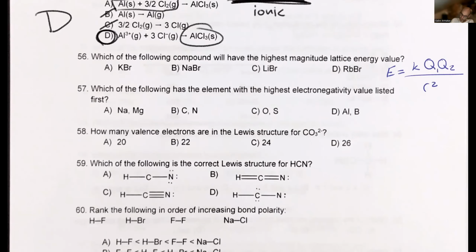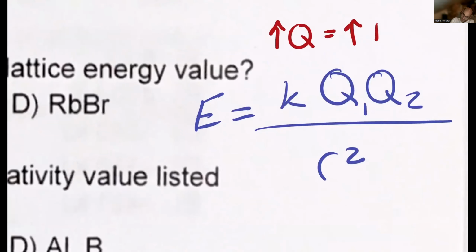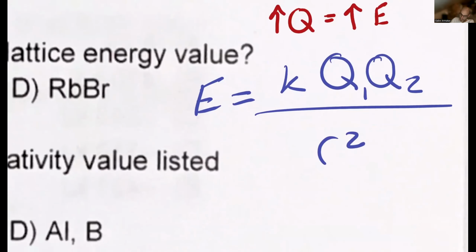If we consider this equation, the higher the charge, the higher the energy. Also, the smaller the radius, right? If the denominator is smaller and smaller, that equals an increase in energy as well.